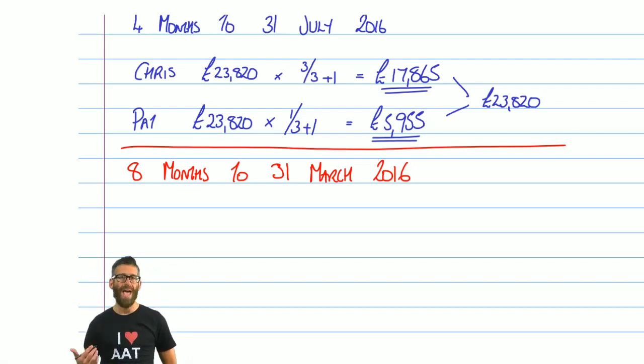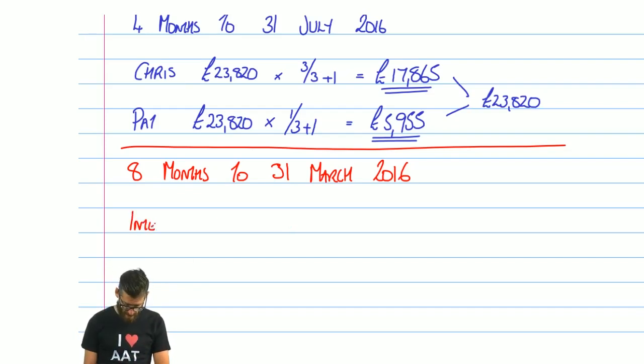And for your awareness, the remaining profits to be shared will be after we deduct the interest on capital and the salaries. So in this intervening period, we're going to focus, first of all, recognizing that we have a total of 47,640 to share. What we're going to do first is the interest.